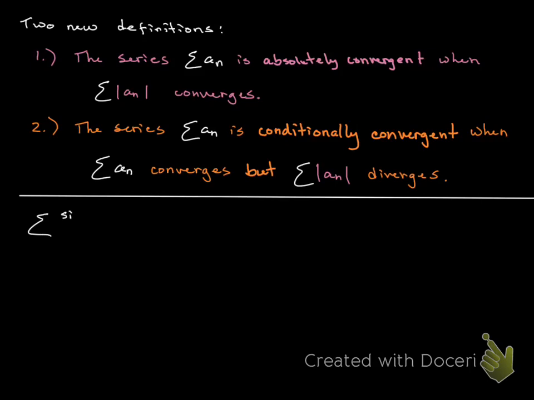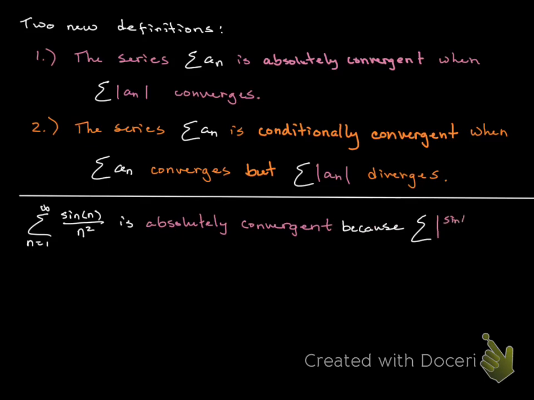So let's look at an example here. This guy is actually absolutely convergent because when we take absolute value, sine of n over n squared, we found that that converged. So since that series converged, we can say that the original series, this guy here, converges absolutely by definition. Okay?